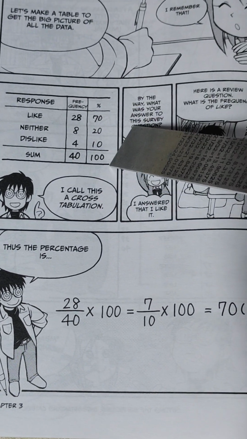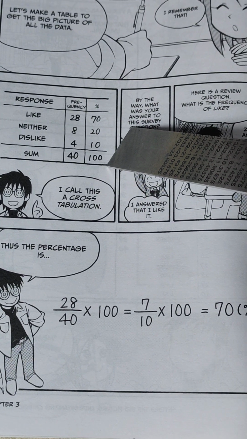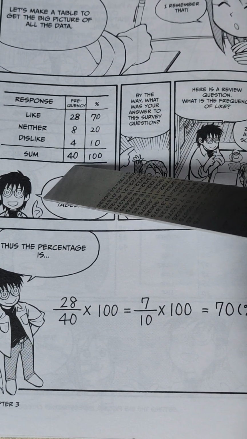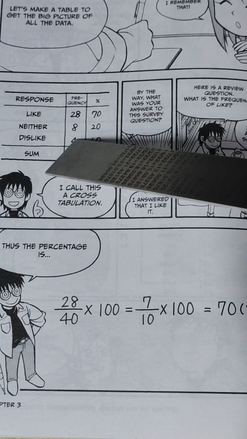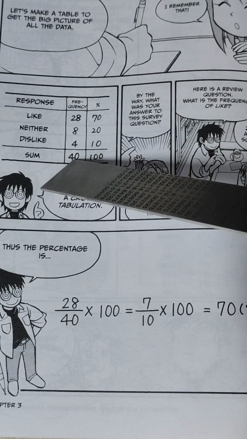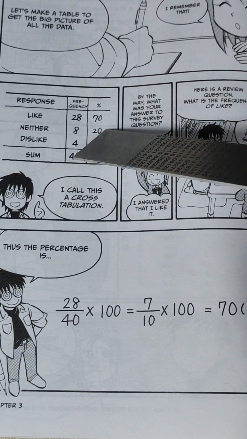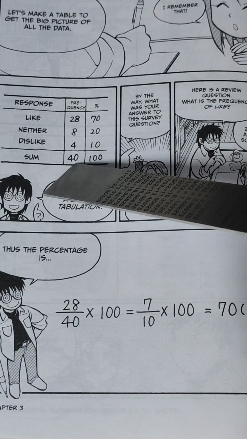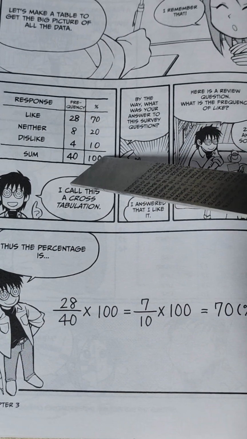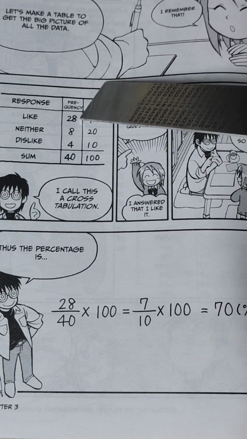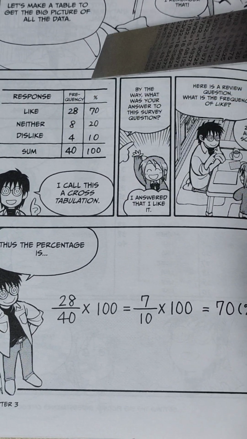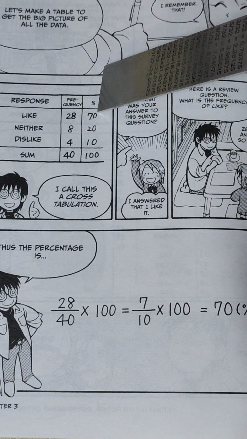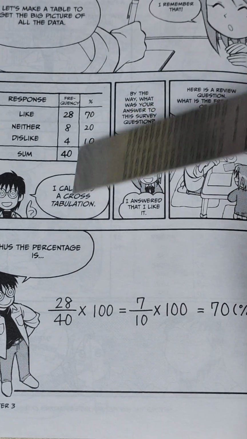And then you can work out the percentage. 28 divided by 40 times 100 is 70%. 8 divided by 40 times 100 comes to 20%. And 4 upon 40 times 100 comes to 10%. So these are the frequencies, and these are the frequencies in percentage.